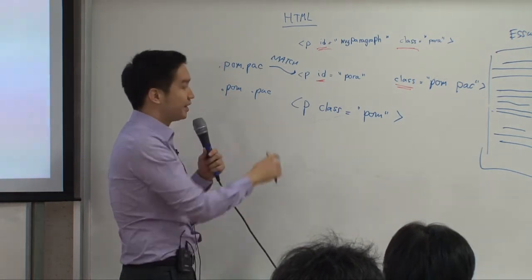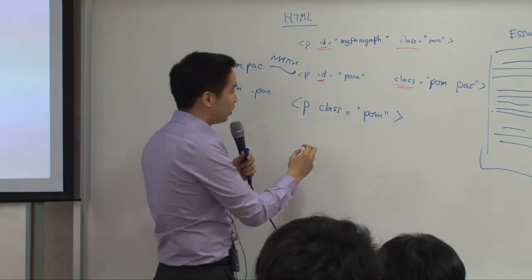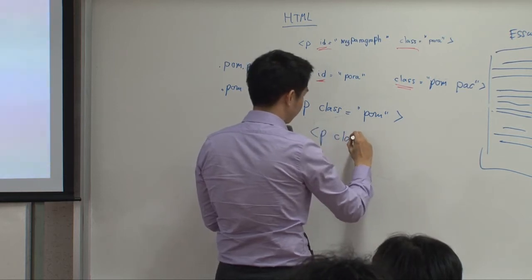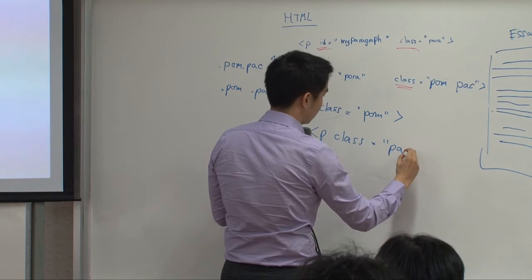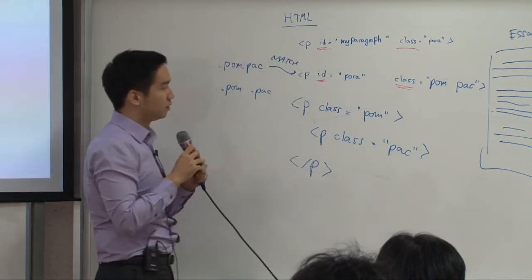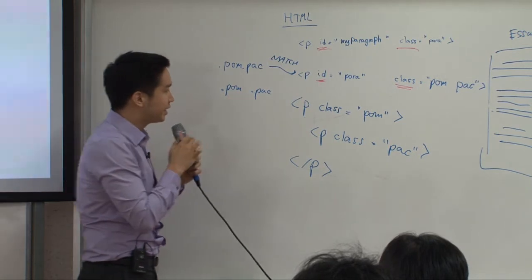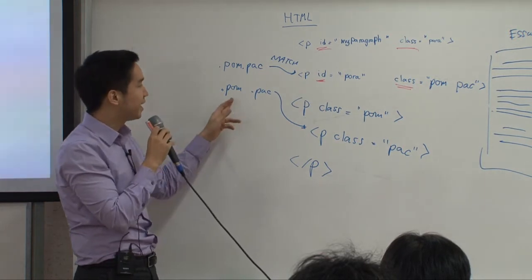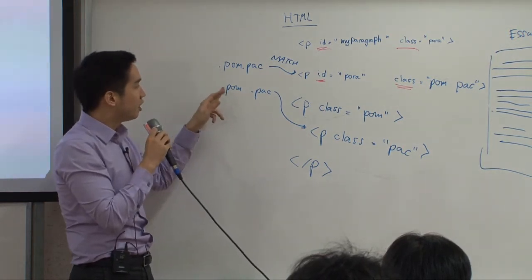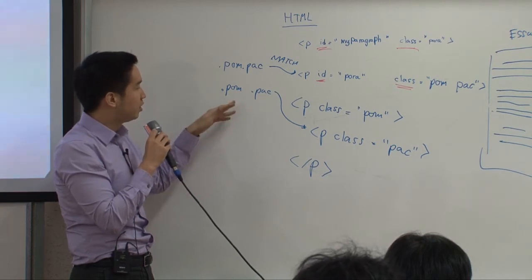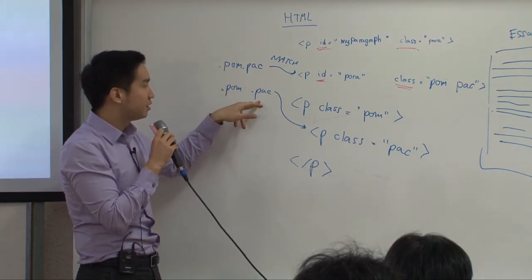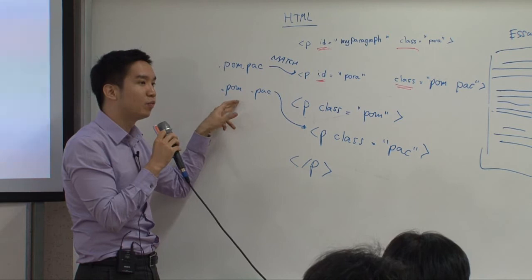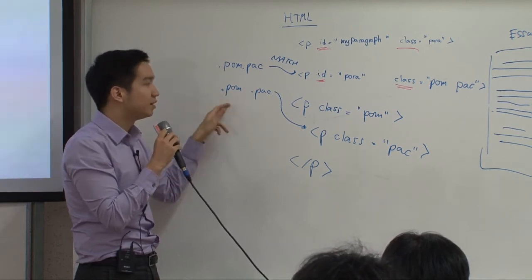How would I match this CSS selector? What would the DOM have to look like? Well, this CSS selector would match this one. Because essentially it says that we are looking for all DOM elements that contain the class pack, but are also embedded within another DOM element that contains POM.